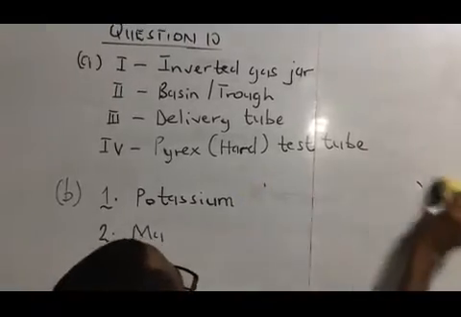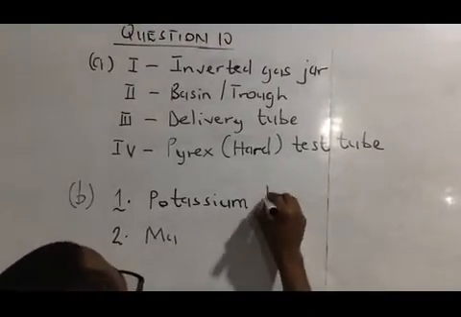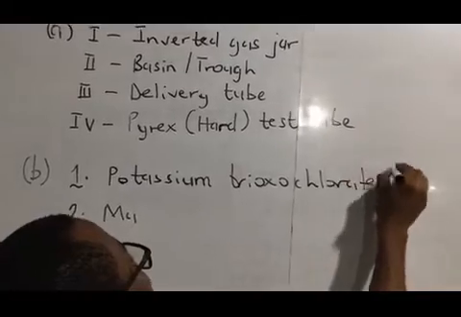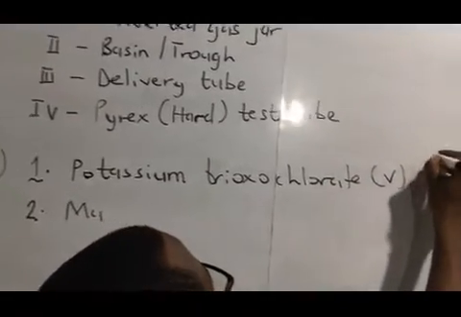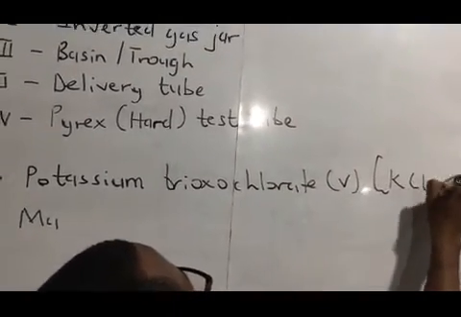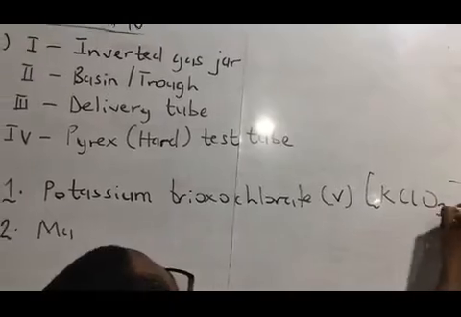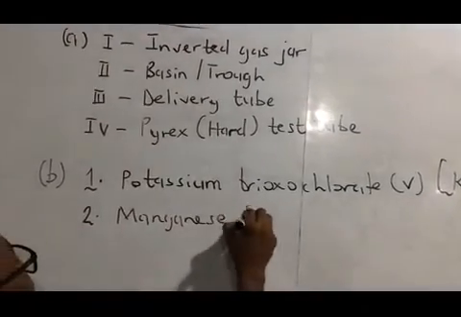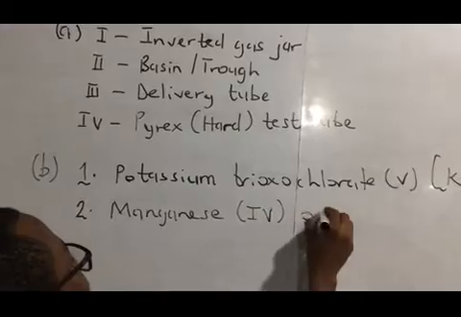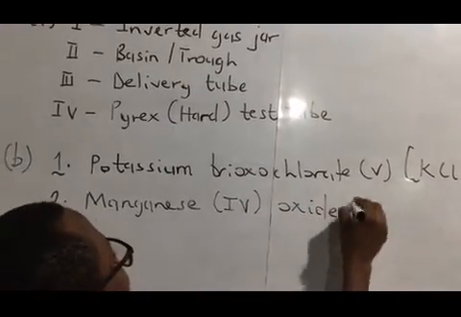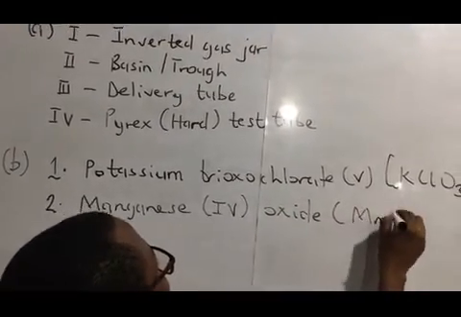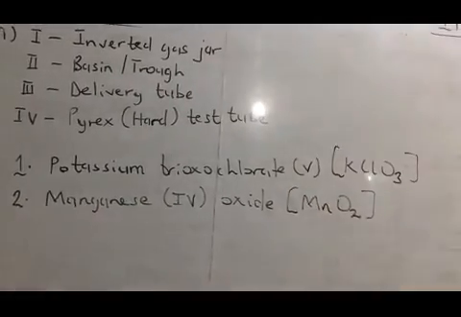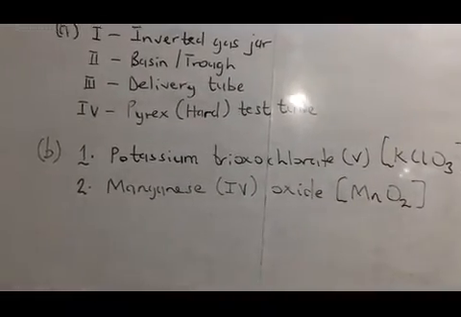Let me write the IUPAC name here. So potassium trioxochlorate(V). That's the KClO3. And then you have manganese IV oxide. That's MnO2. Okay, so these are the chemicals.